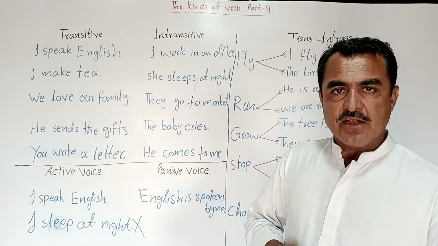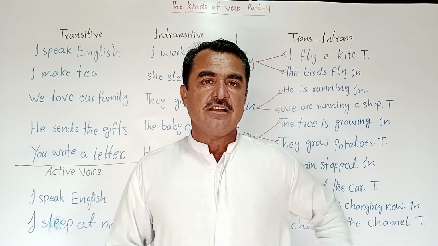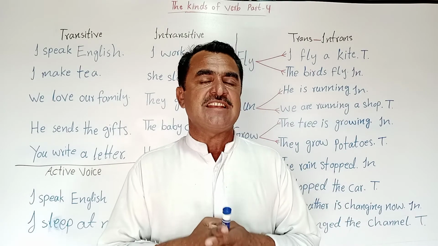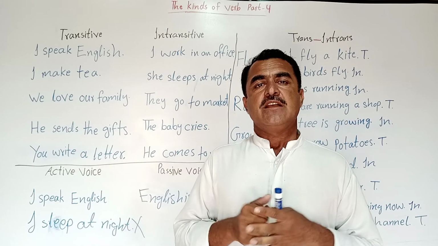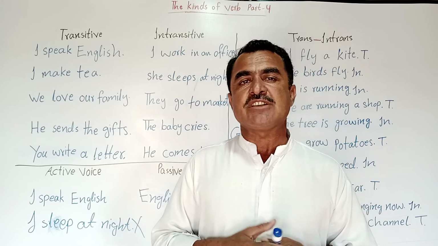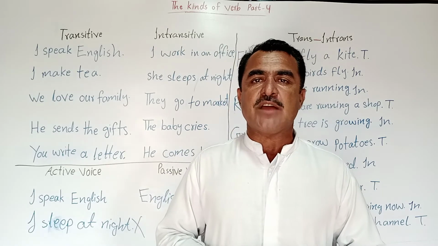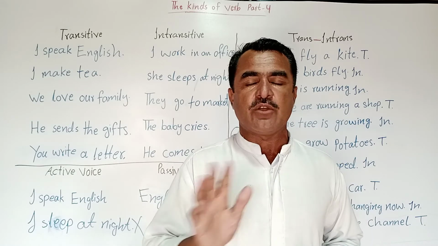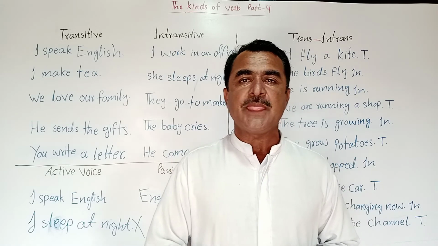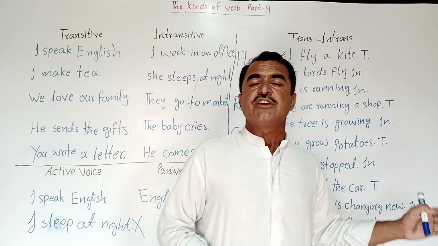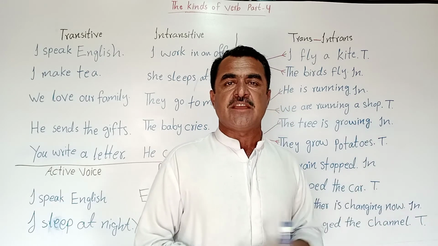Understood? Once again, I would mention the three signs about the transitive and intransitive verbs. The first sign is that transitive verbs always take objects with them. Okay, and intransitive verbs do not take objects with them.